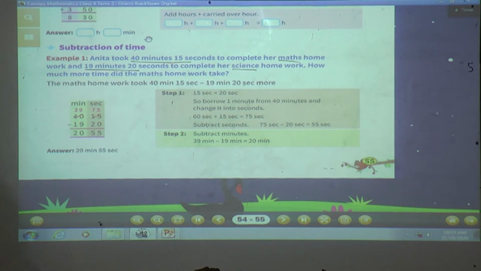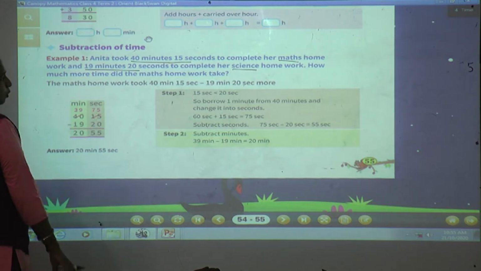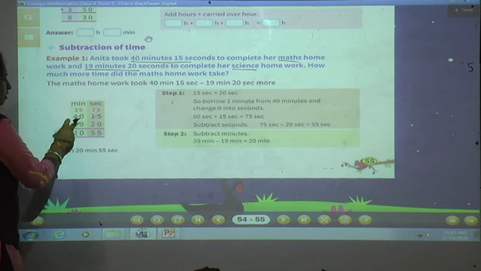Now arrange the numbers one below the other. Now 15 minus 20 we can't do. So what do we have to do? We have to borrow 1 minute from 40 minutes and change it into seconds. How can we change it? Yes, see, these are the minutes from 40.